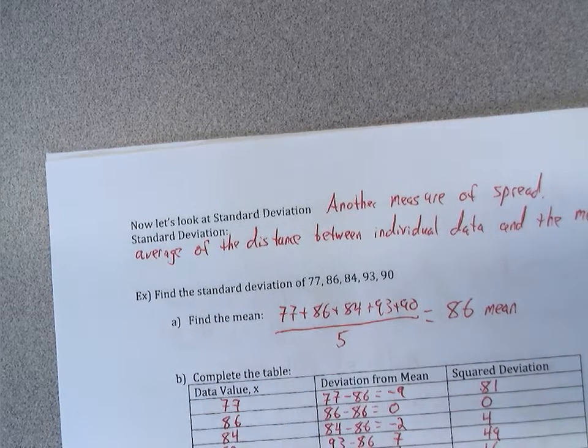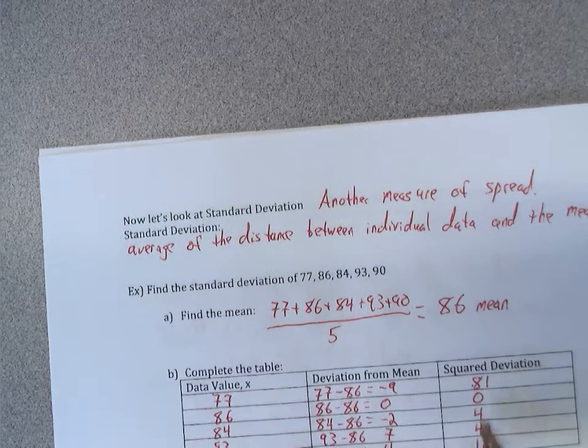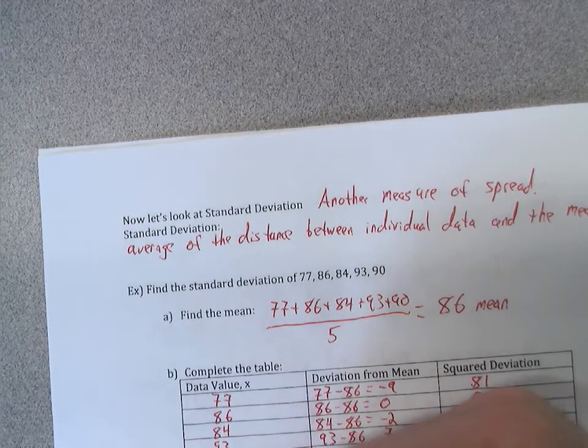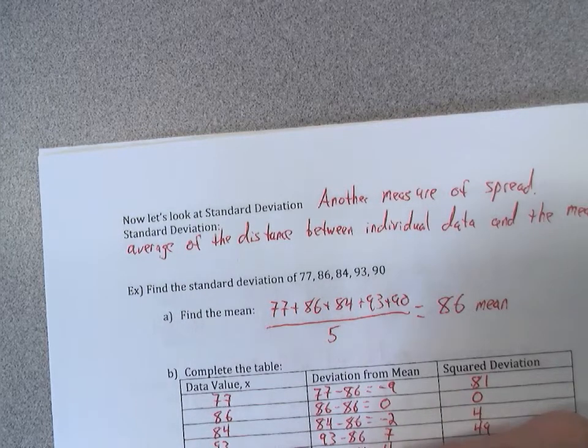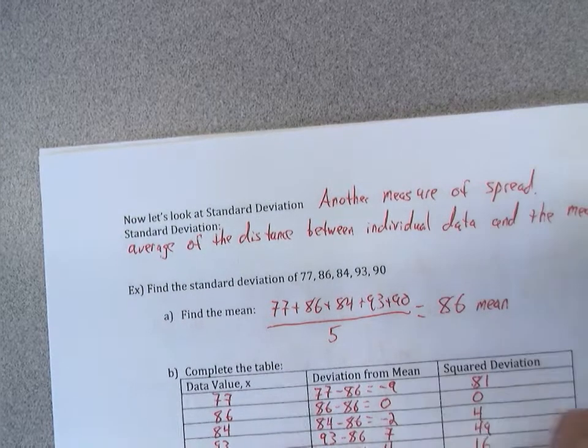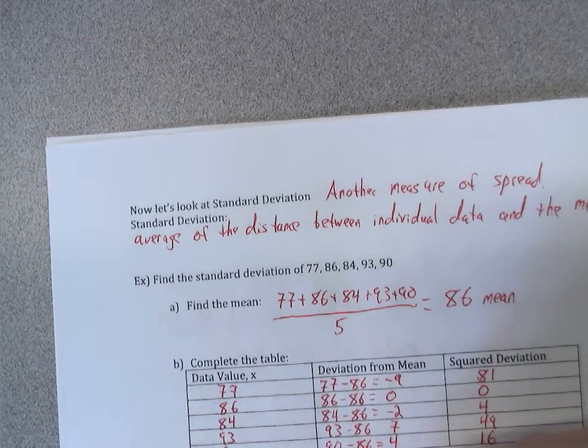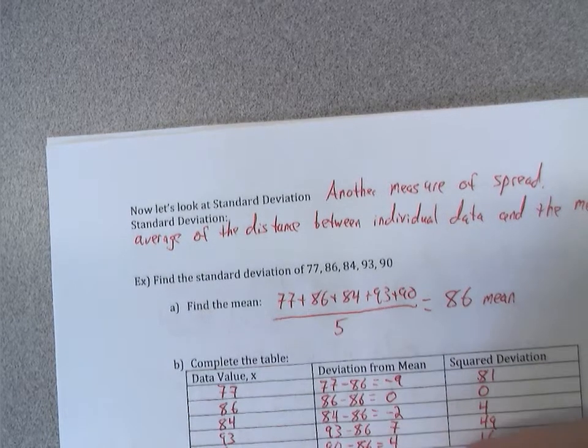Okay? So there's our average. There's our mean of the squared deviations. Now we have to take the square root of that mean, and that is the standard deviation. So we would take the square root of 30, and that's going to equal 5.47.